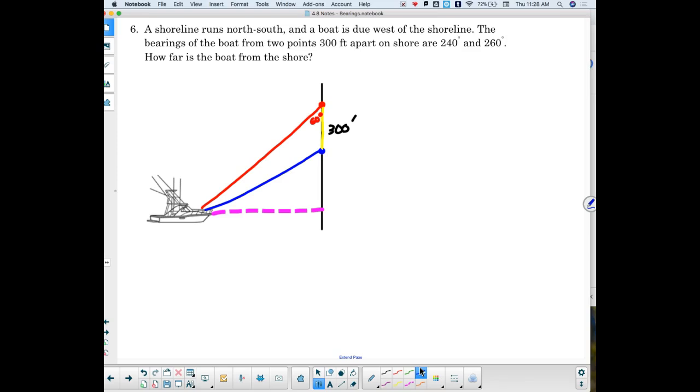What's my blue-black angle? Do we agree with 80 degrees?